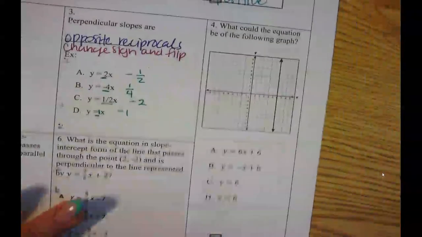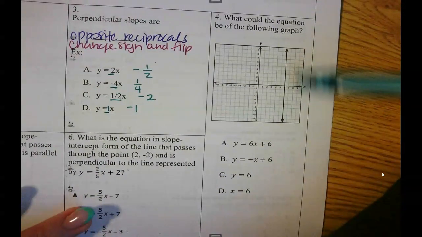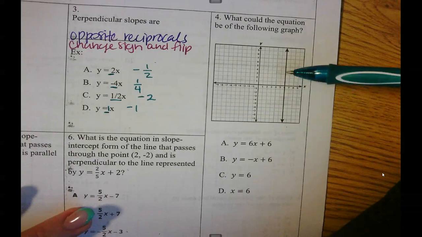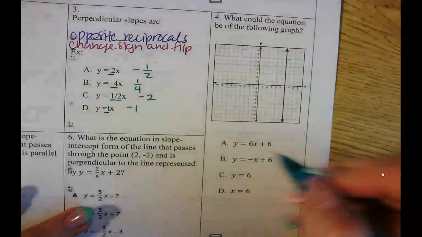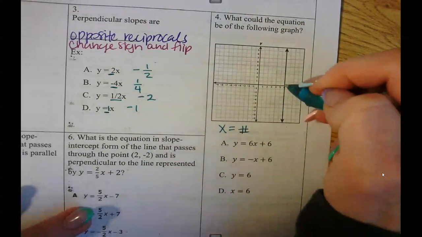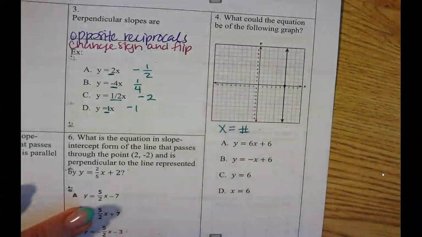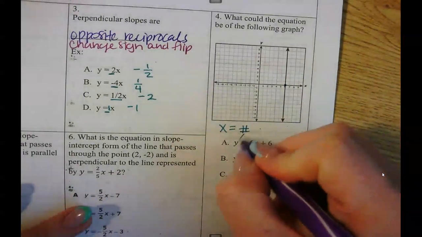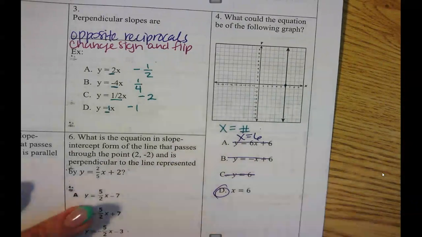All right. What could the equation of the following graph be? This is our vertical line. Remember, we walk vertically, upright vertically. And so that is my x equals a number, whatever number it's at on the x-axis. So in this case, this is x equals 6. So not that, not that, not that, here.